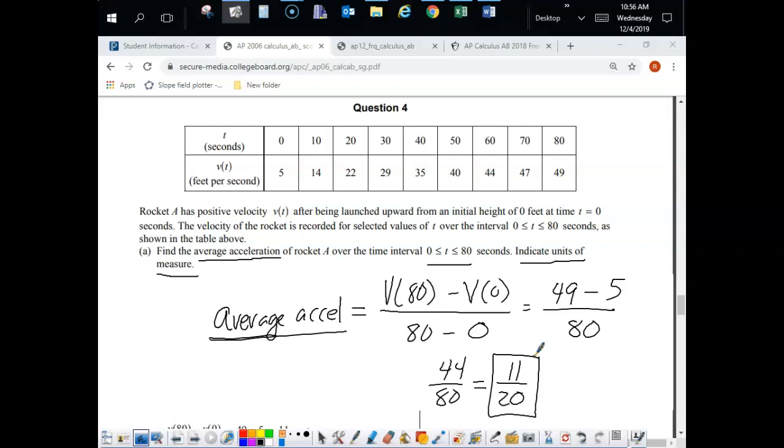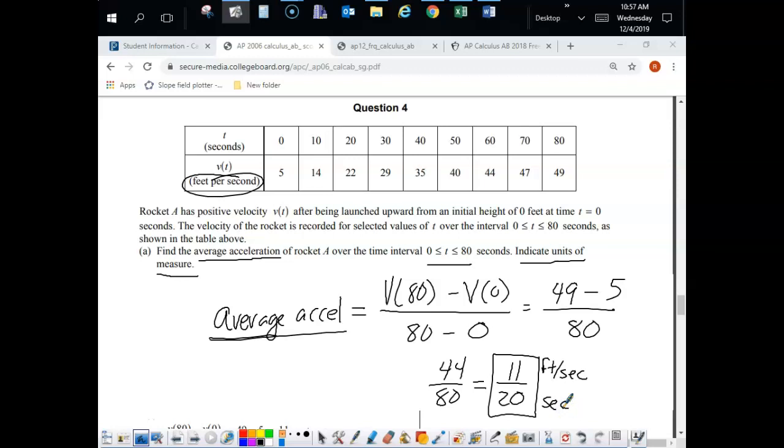Don't be surprised, a lot of times the way they score you on the FRQs is they actually won't give you any points at all if you don't put the units of measure. So we have velocity on top and time on the bottom. Our units for velocity are feet per second, that's the top, and on the bottom we have time, which is seconds.